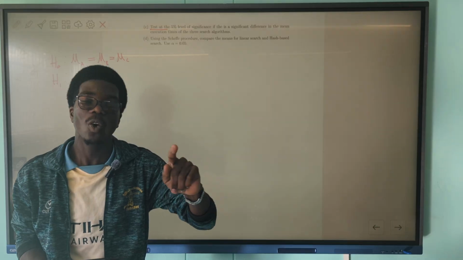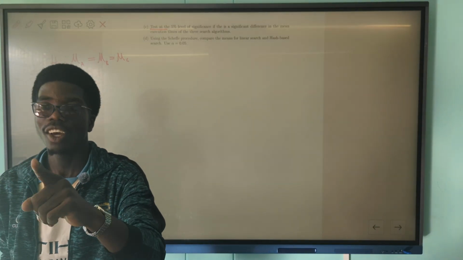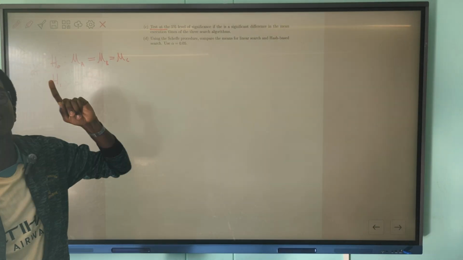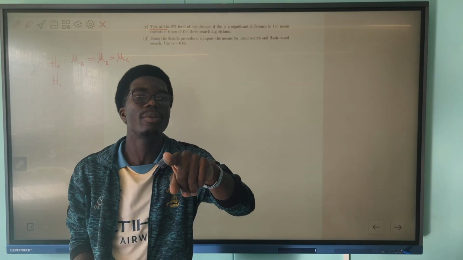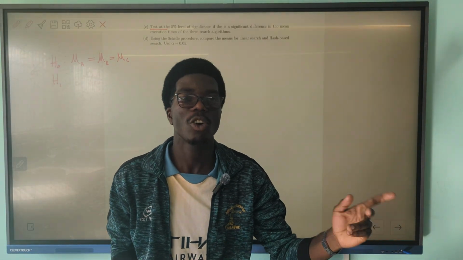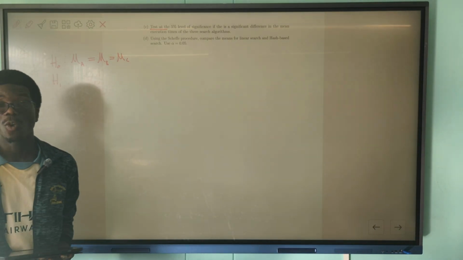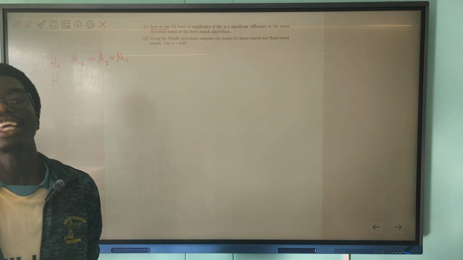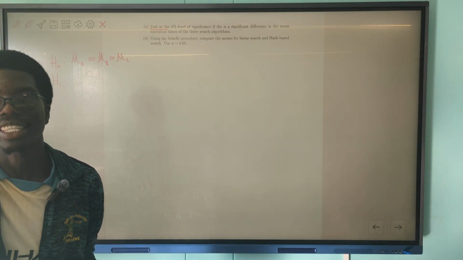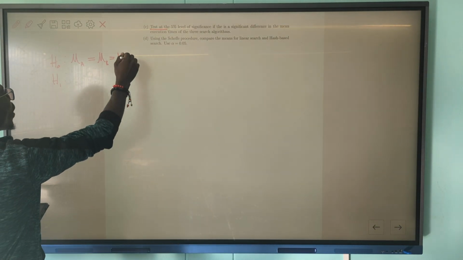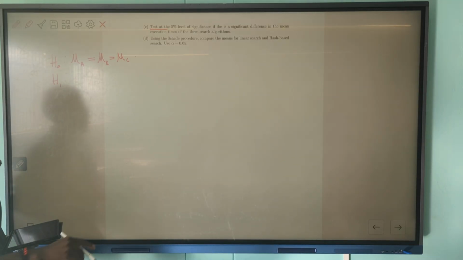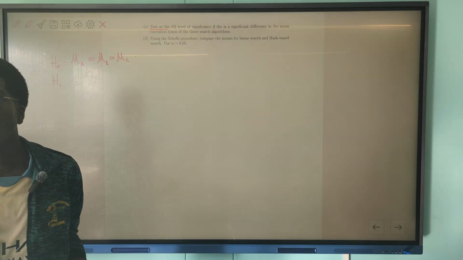So the alternative hypothesis, it simply means the opposite of the null hypothesis. Chingoziva these things, they are opposite of each other. Panapa ukati they are equal, which means kuti panapa they are no longer equal. Are we together?